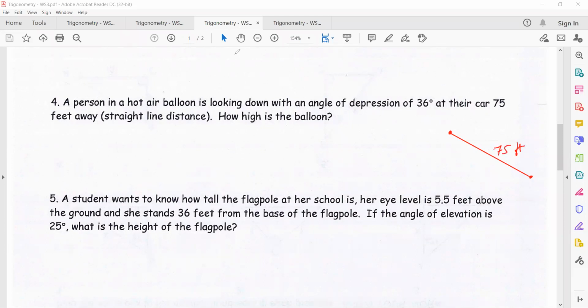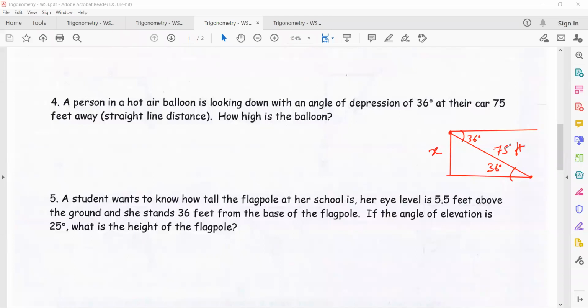Now the angle of depression is 36 degrees. You have to find the height of the balloon. This is the ground and this is the height, right? So this height will be found, and now you can take this as 36 also, right?